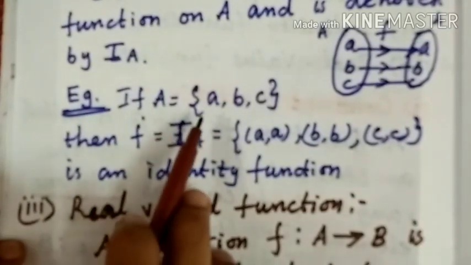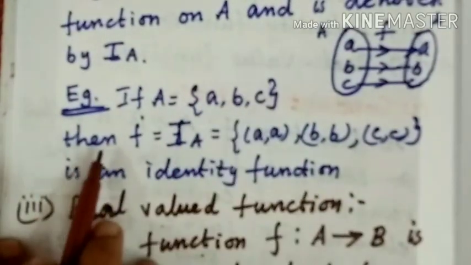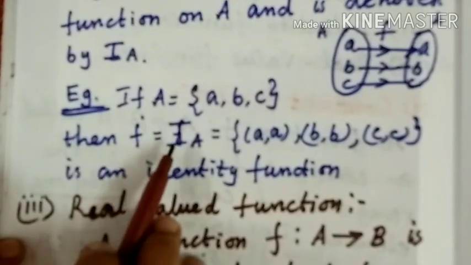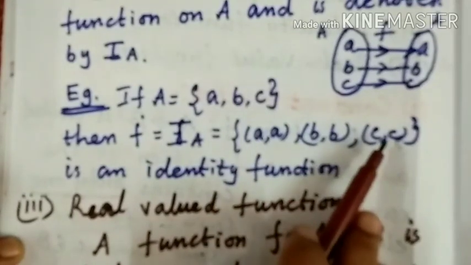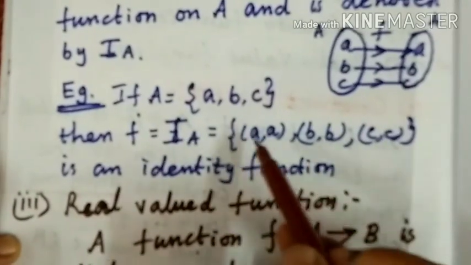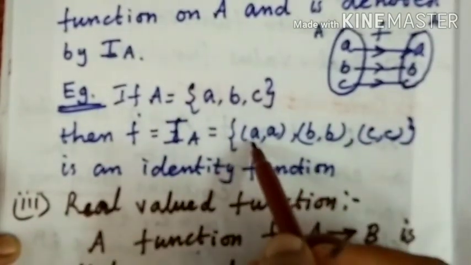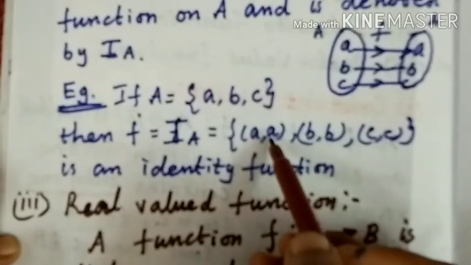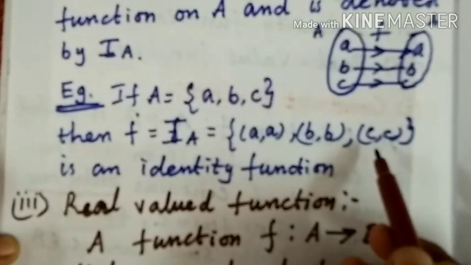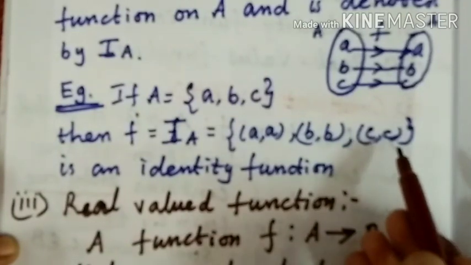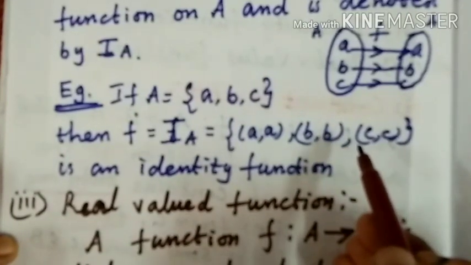For example, if set A equal to {a, b, c}, then the function, ordered pairs, I_A equal to (a, a), (b, b), (c, c). See, in this ordered pair, the x coordinate and y coordinate have the same element. So this is called an identity function. You remember identical twins.